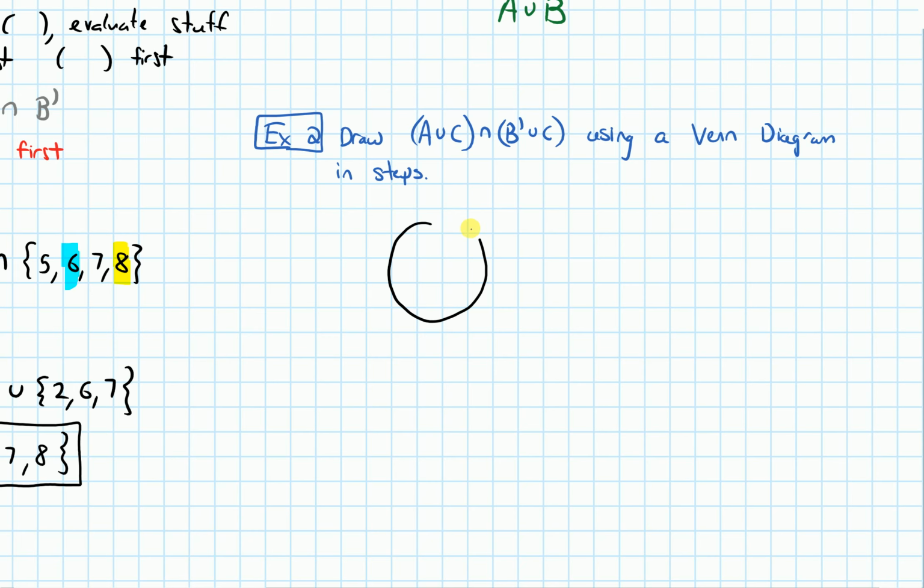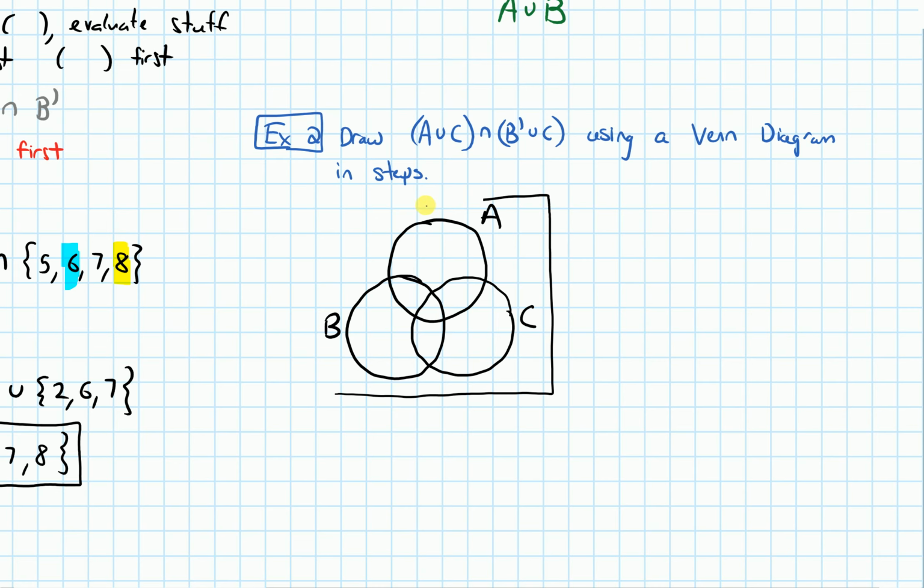So I'm going to draw a circle for A, a circle for B, and again, I'm drawing the most general picture, which assumes that they may overlap each other, and a circle for C, and again, assuming that they may overlap each other. There might even be a region where A, B, and C all overlap, like I have here way in the middle. Okay, and I'm going to draw a rectangle around them, and that rectangle is my universal set U.